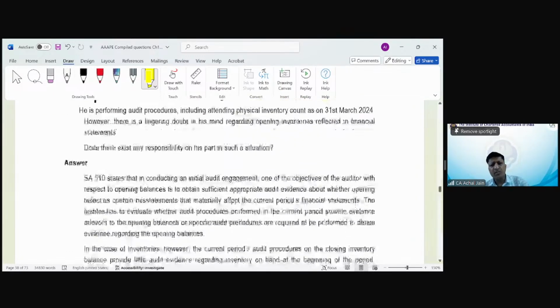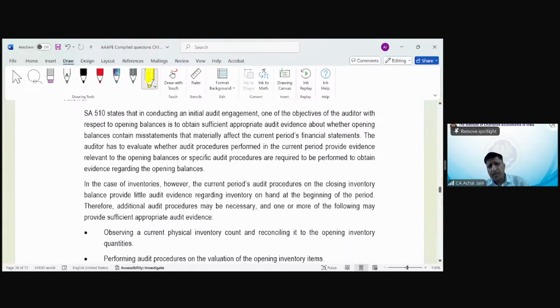So let's look at this. If you look at the requirements of the auditing standard in respect of initial audit engagements, we talked about audit of opening balances. That is nothing but the initial audit engagement, meaning when you are auditing the entity for the first time.